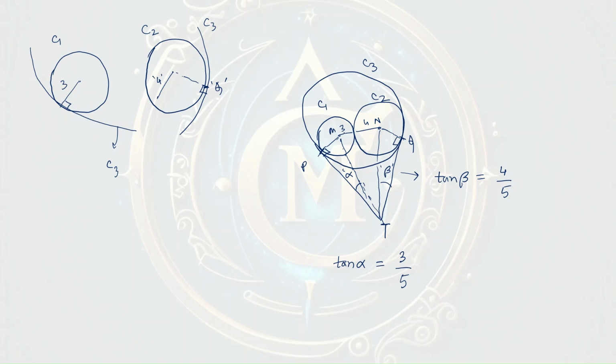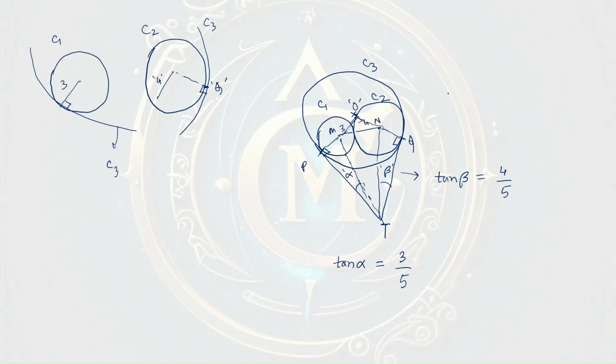Now if here is the center of the circle C3, then we can say that if we extend the line segments PM and QN towards this direction, then they will definitely intersect each other at the point O, which is the center of the circle C3.